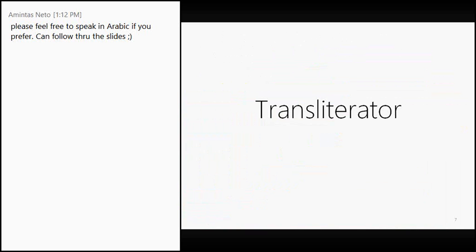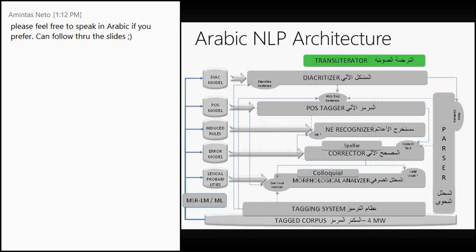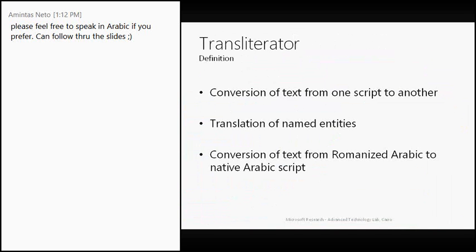I'm going to start with transliteration, and let us first define what transliteration is. It's basically the conversion of text from one alphabet or script to another alphabet or script of a different language, keeping the same pronunciation. We use it for named entity translation, like when I say Michael or Ahmed, it is written in different letters in Arabic or English, but it is pronounced the same or nearly the same.